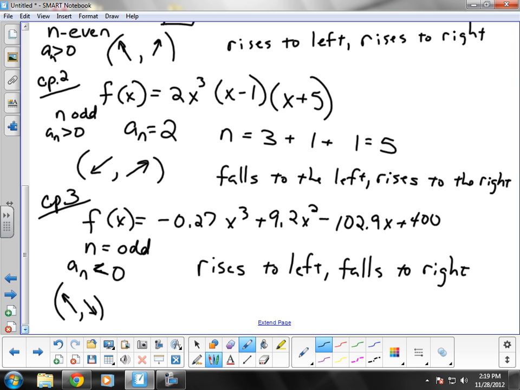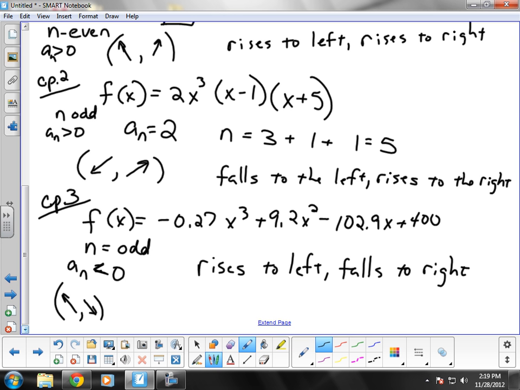So don't let that throw you off just because it gives you ugly numbers. Remember, if I'm wanting to know about end behavior, all I need to know is what's the degree, is it even or odd, and what's the coefficient. Any questions?